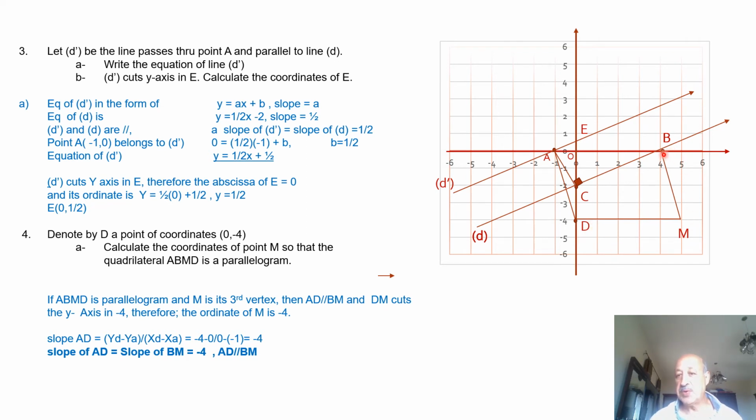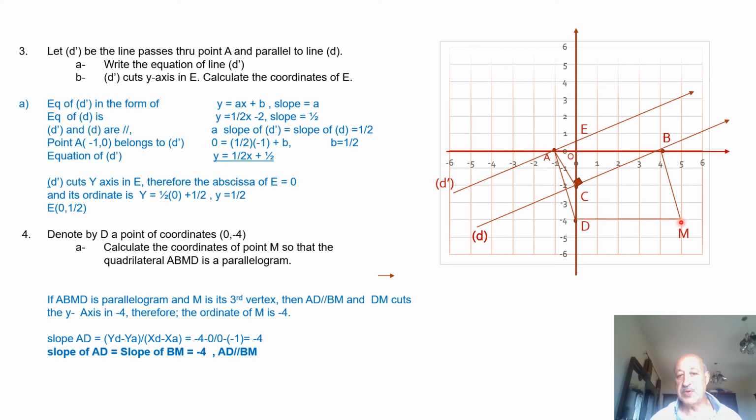Therefore, I will draw a line BM parallel to AD, and another line from D parallel to AB. Where they meet is point M. So calculate the coordinates of this point.